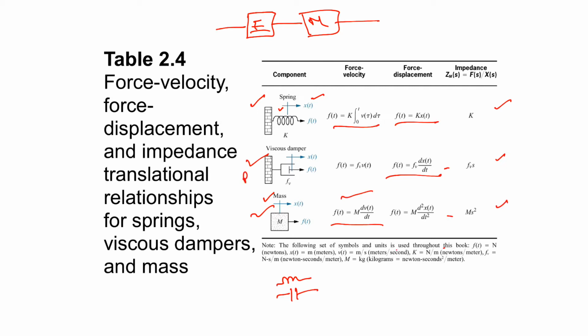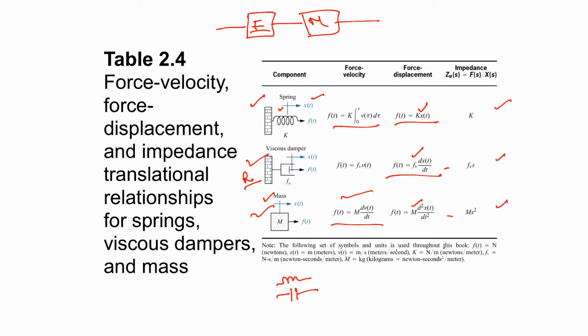Here K is the spring constant, Fv is the coefficient of viscous friction, and m is the mass.